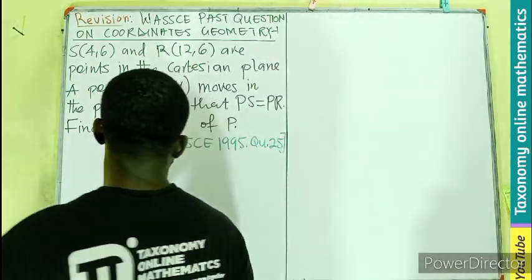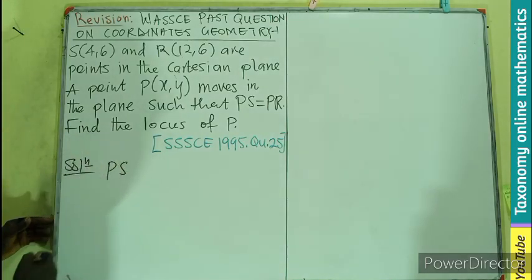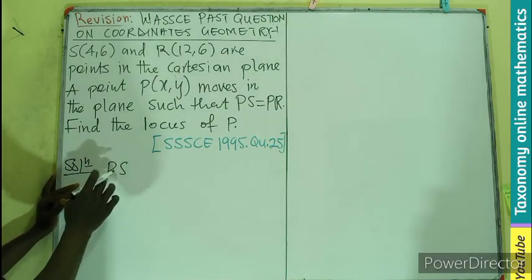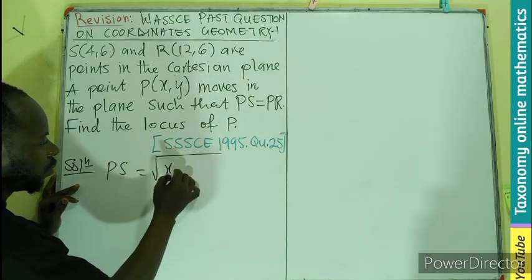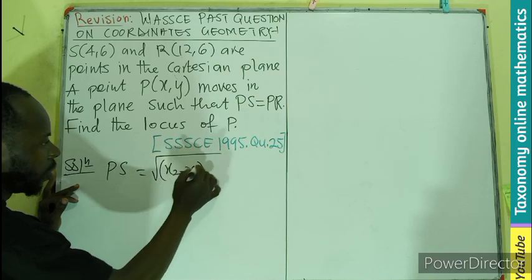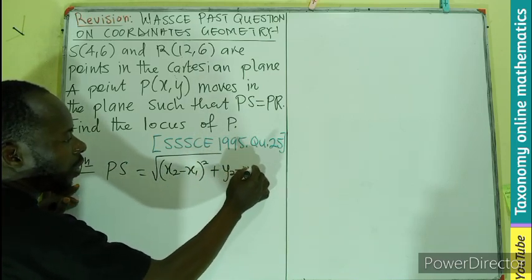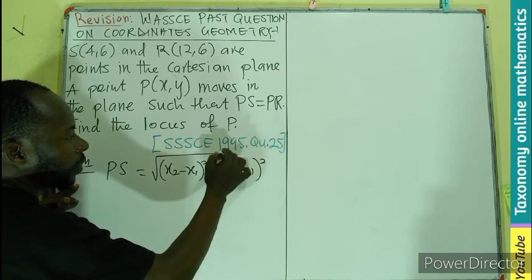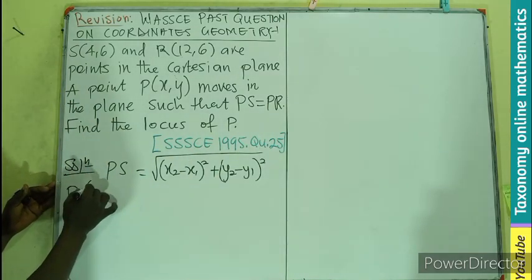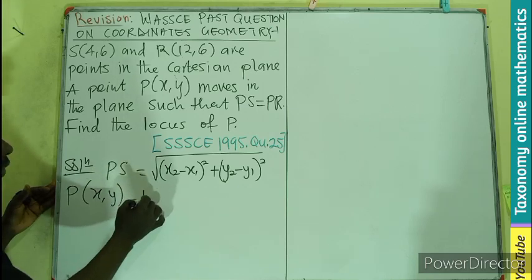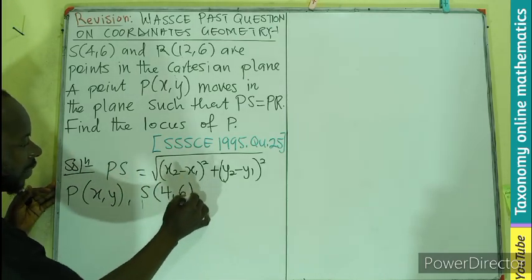So first, we begin with the first one, which is PS. To find PS, we know it will be given as the square root of (x2 minus x1) all squared plus (y2 minus y1) all squared. In this case, our P is the point (x, y) and our S is the point (4, 6).